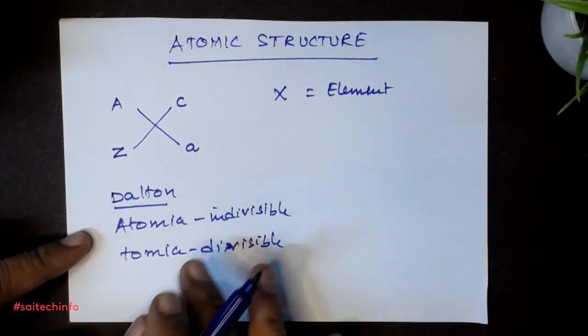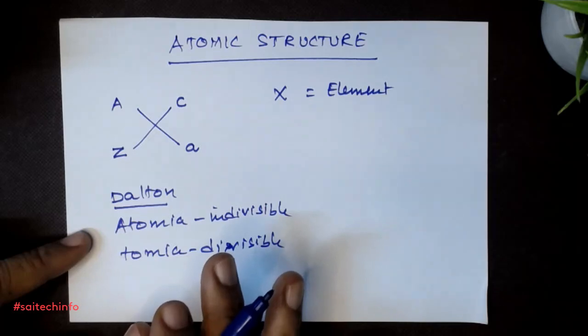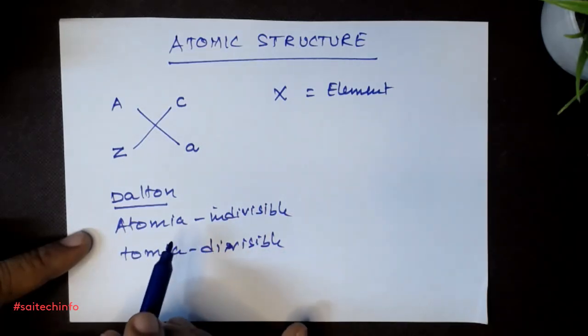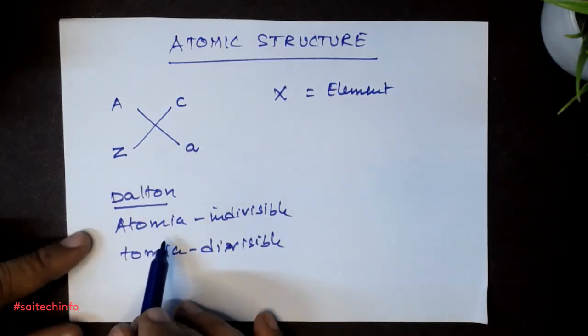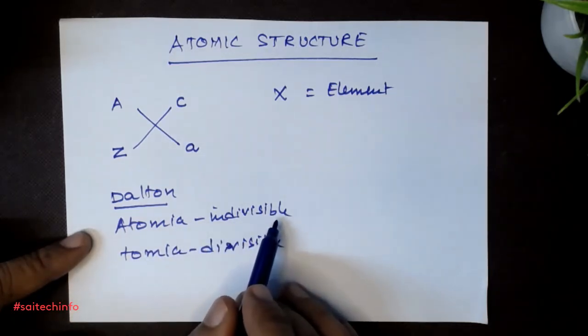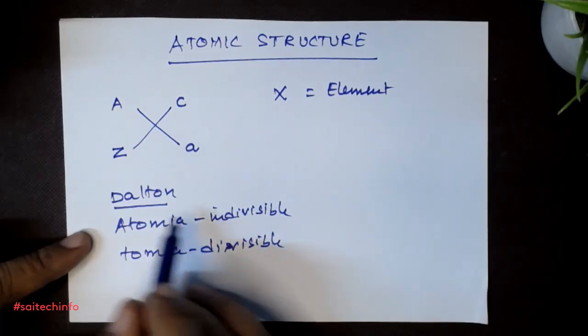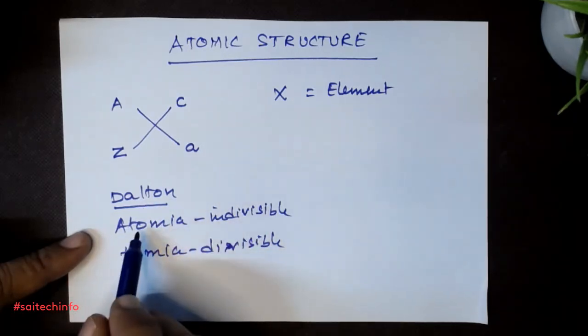But after the discovery of electron, proton, neutron, these are all subatomic particles, it is found that atoms can be further broken. So the question of indivisibility is a miserable failure, but still, just to honor Dalton, we retain this name atom.